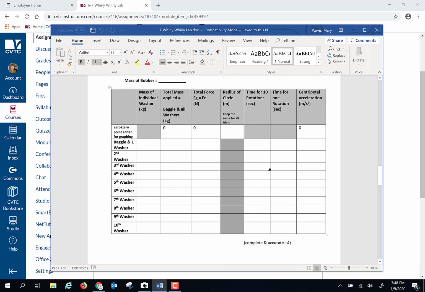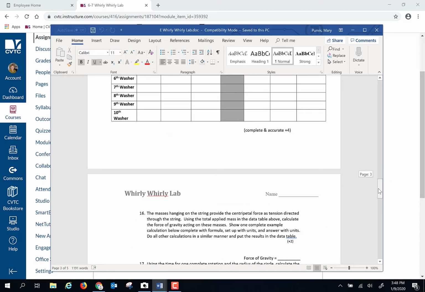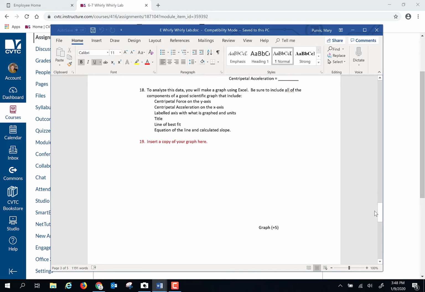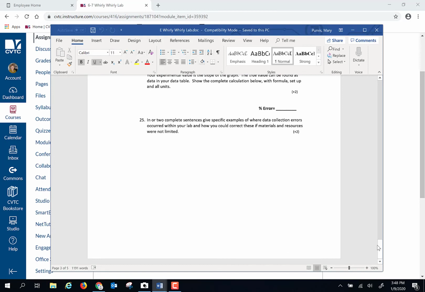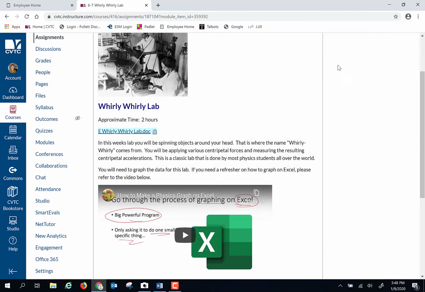But by doing that, we're going to keep that human reaction time down to a small fraction of your total time. You're going to do some graphing and insert a copy of that graph in the lab, and the quest is going to confirm that centripetal force equals mass times centripetal acceleration. So it's a good lab, it's a fun lab.